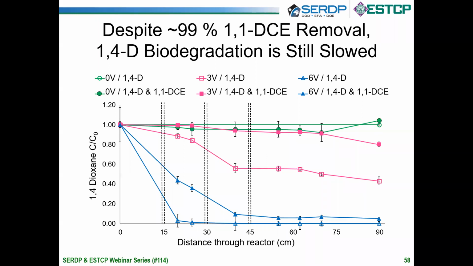At 6 volts, we can see that in the absence of 1,1-DCE, again, rapid degradation, and in the presence of 1,1-DCE, even though we are removing 2 orders of magnitude to low micrograms per liter, we see quite a bit of inhibition in the first part, in the electrochemically active part. So it takes longer, even if there's just a little bit of DCE present, for the microorganisms to help with the process.